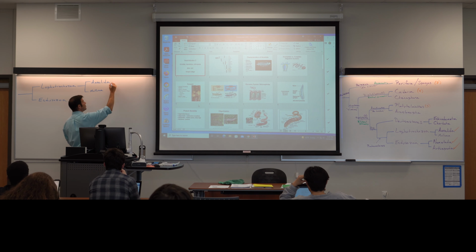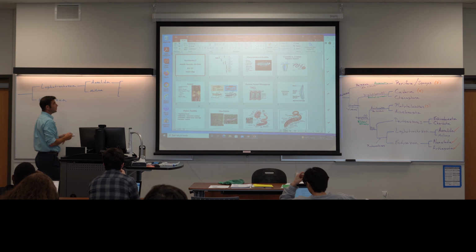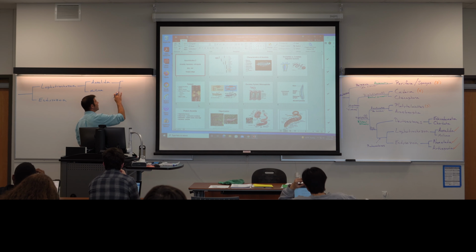Let's take the annelid branch and zoom out a little bit further so that we can see 3, maybe give myself a little more room there. We're going to list 3 classes of annelids. I guess I'll just keep using the same color. The first class of annelids are going to be the oligochaetes.